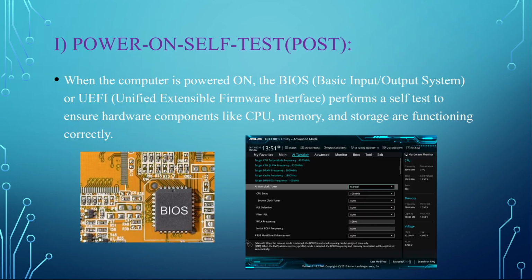Moving to the first stage, which is power on self test. This is the first program which is executed after power is given to our system. In older systems we call this BIOS, and in newer systems we call this UEFI.